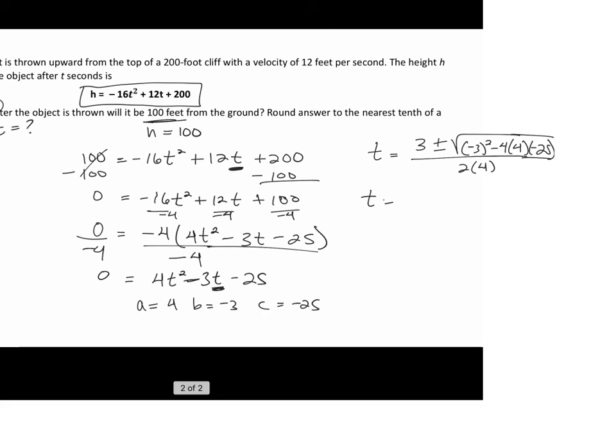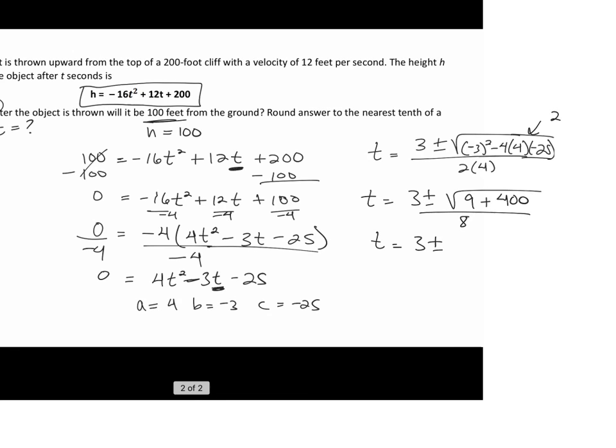So we want to simplify what's under the radical there. Negative 3 squared is 9. There's 2 negatives, so that'll be plus 16 times 25. That's 400. All over 2 times 4, which is 8.